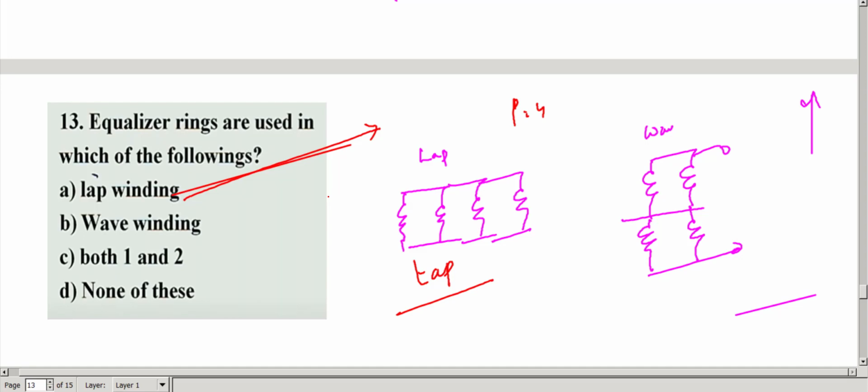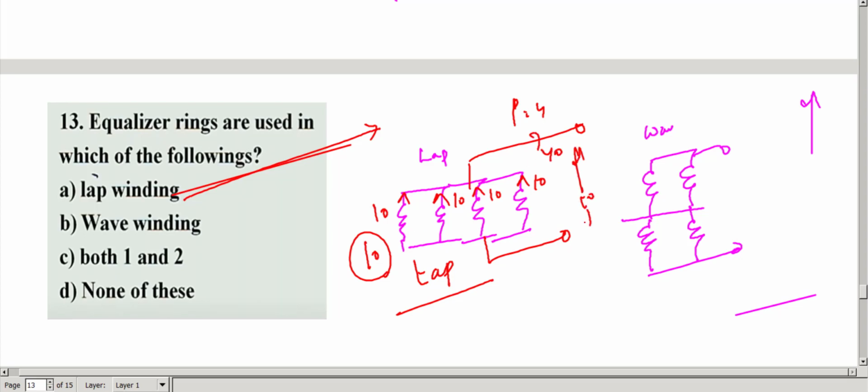Here, let the current in each parallel path be 10 amperes. Suppose the EMF per conductor is 10, so 40 amperes here. What is the power here? 400 watts.